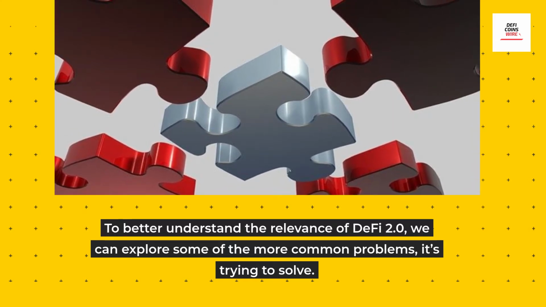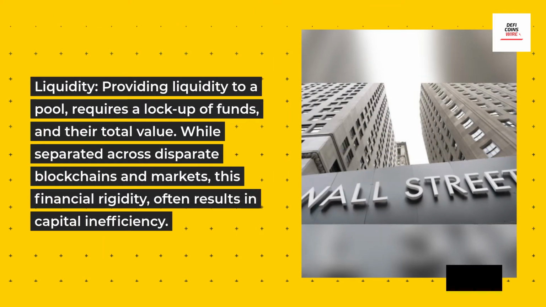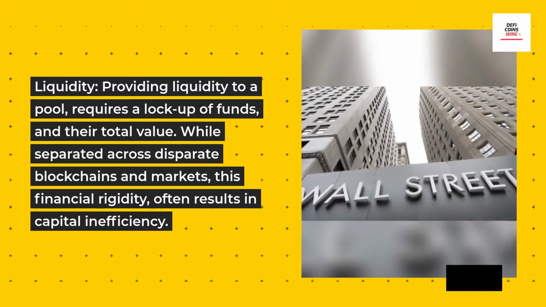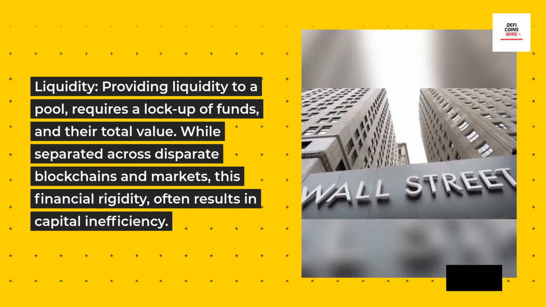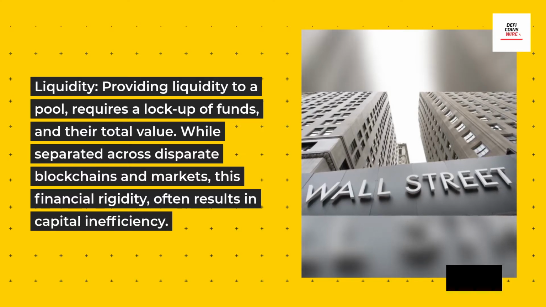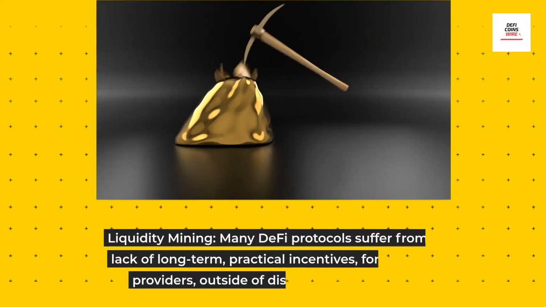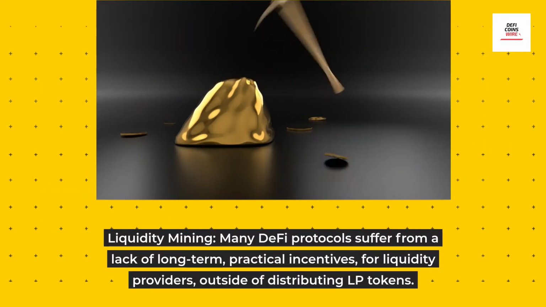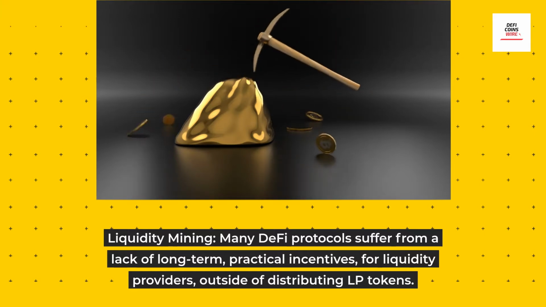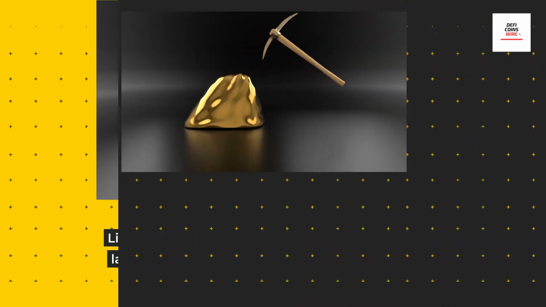To better understand the relevance of DeFi 2.0, we can explore some of the more common problems it's trying to solve. Liquidity. Providing liquidity to a pool requires a lockup of funds and their total value. While separated across disparate blockchains and markets, this financial rigidity often results in capital inefficiency. Liquidity mining. Many DeFi protocols suffer from a lack of long-term, practical incentives for liquidity providers outside of distributing LP tokens.